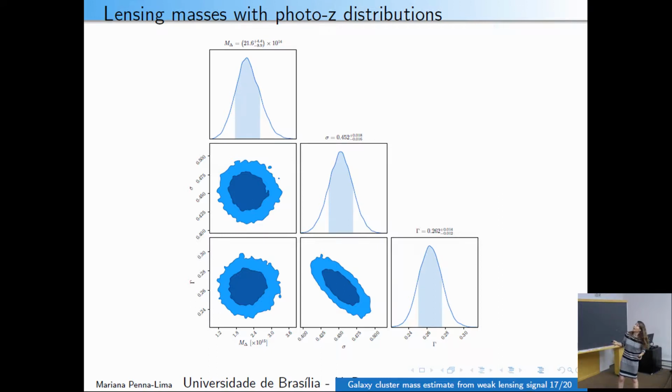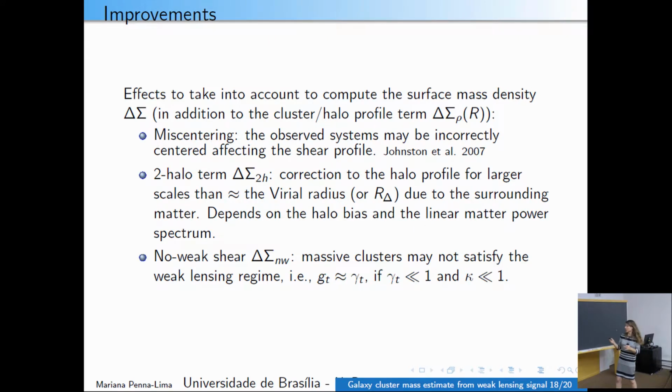You may ask why we are focusing on this particular survey: one of the collaborators was the leader of this analysis, so it's easier to communicate and perform this kind of analysis. After that, the next steps are to include some improvements to this methodology.